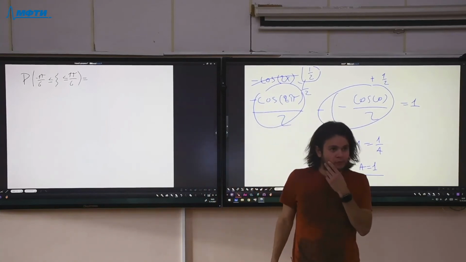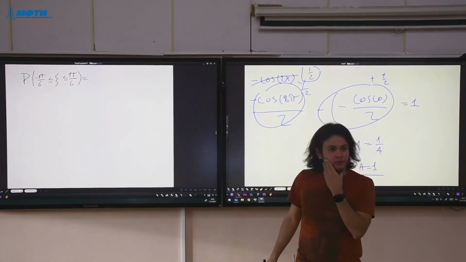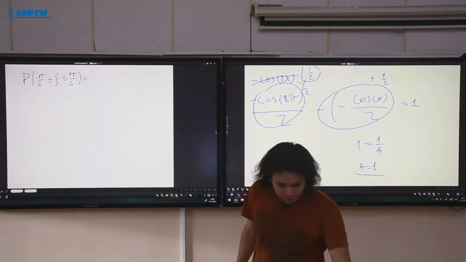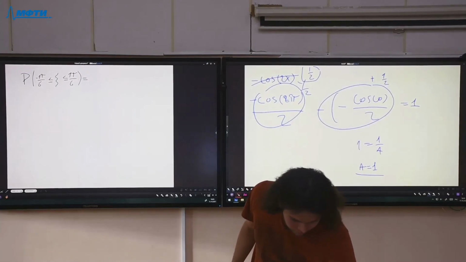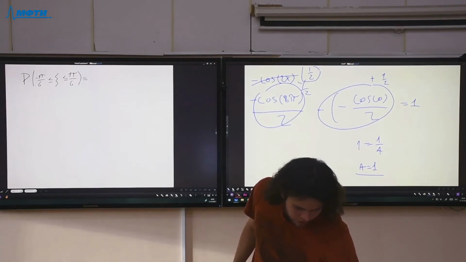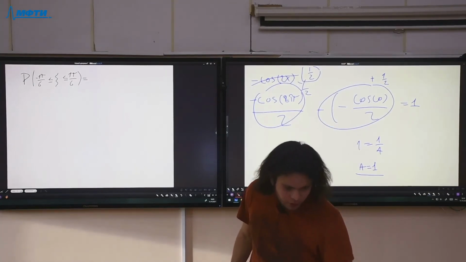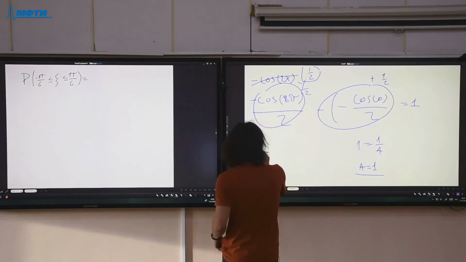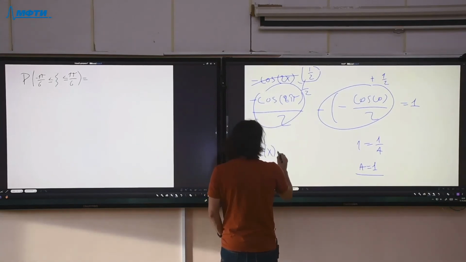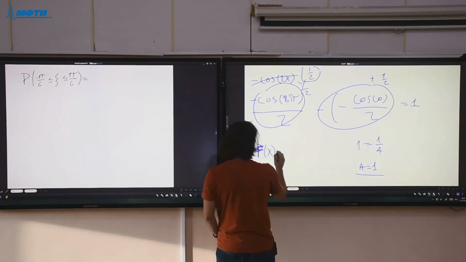Right? So how do we find this? We can use the CDF, sure, but let me before. So again, we found the PDF, and the CDF, right? The CDF is what?